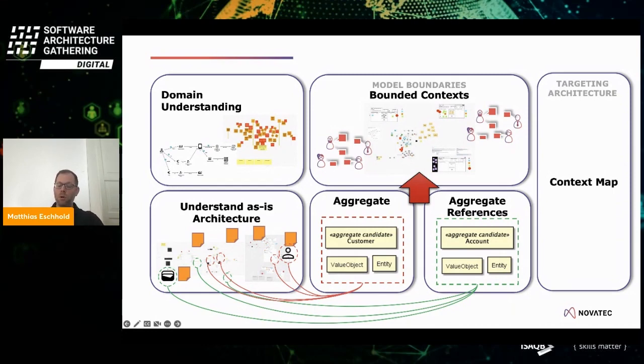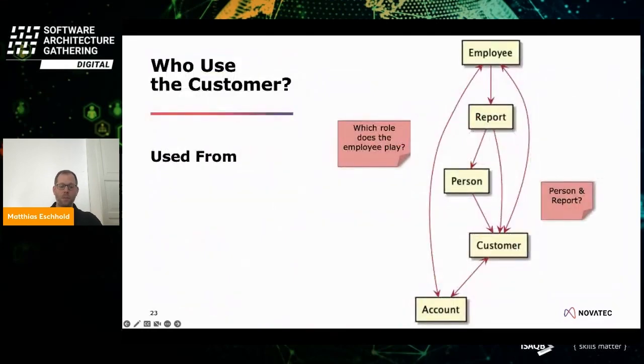Let's have a short look at how this could look in practice. How could we investigate the source code? One approach is to look for, as I already mentioned, the aggregate candidates like the customer, and analyze the dependencies starting from this point. If we look, for example, for classes that use the customer, then we find things with names like robot, person, account, and employee.